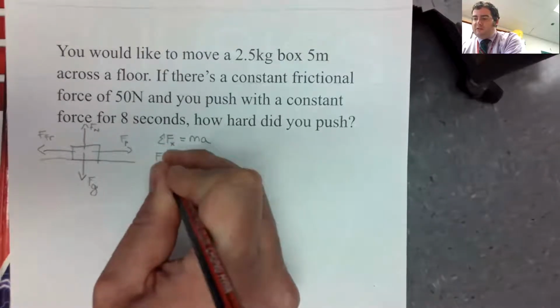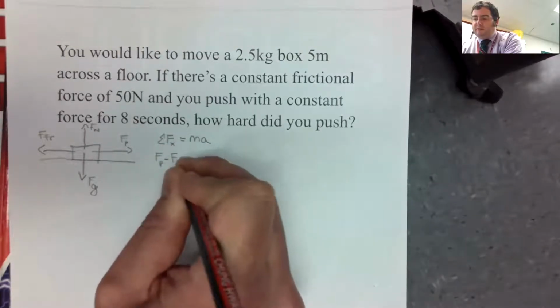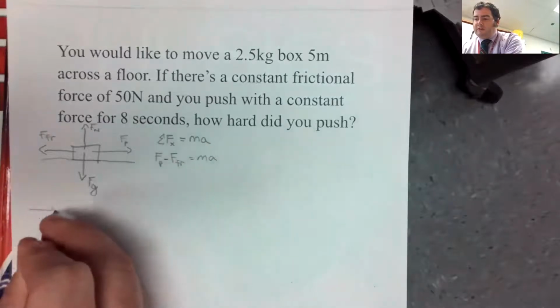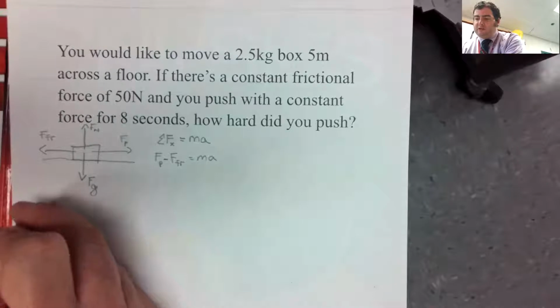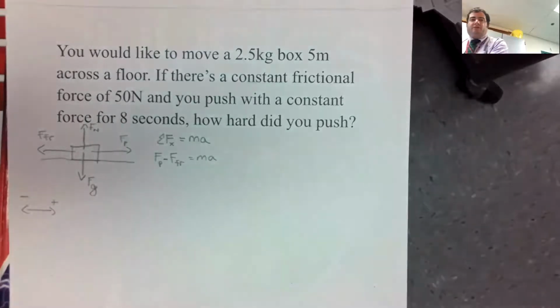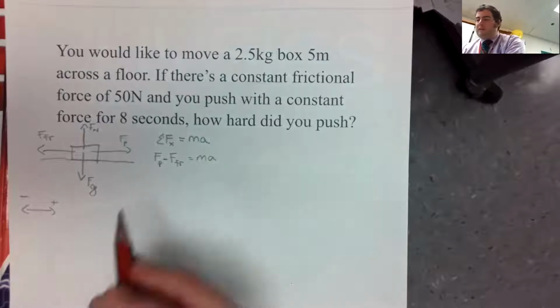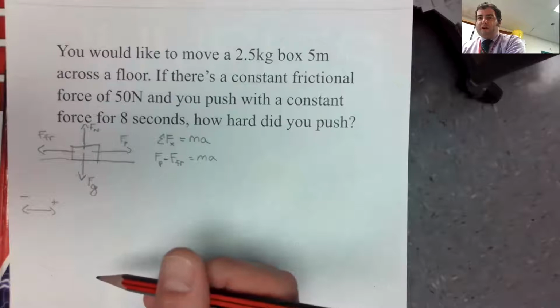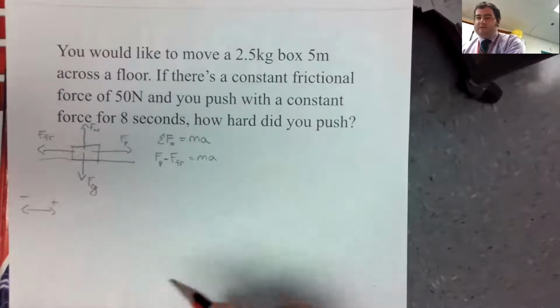Sigma F is just FP minus FFR, and I'm considering this the positive direction and that the negative direction. What about Fn and Fg? They're not part of the X dimension.